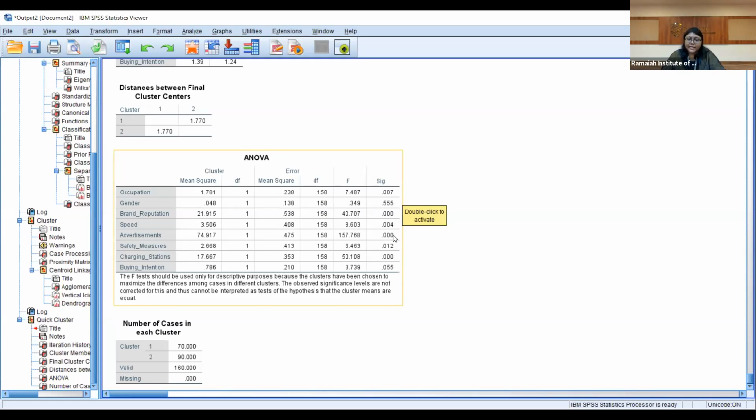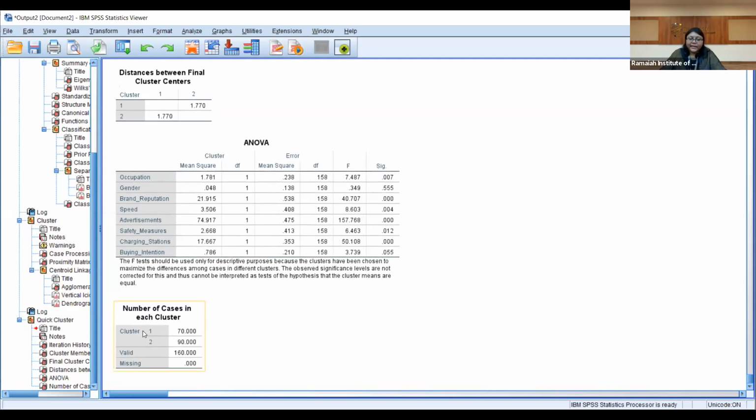One is with advertisement, again the F value is high. And one is with charging station, here also the F value is high. That means for the significance levels that we are getting, the higher F values are the things which are important for choosing a cluster. Out of all the variables that we have got, these are the important variables which help in dividing the cluster.